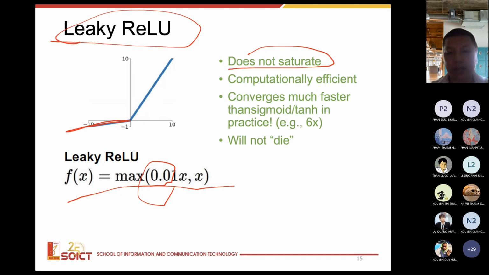And it still has a much faster convergence rate than sigmoid and tanh in practice. It is about 6 times faster in practice, and it will not die because you have no vanishing gradient problem.